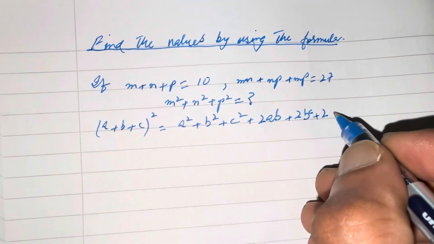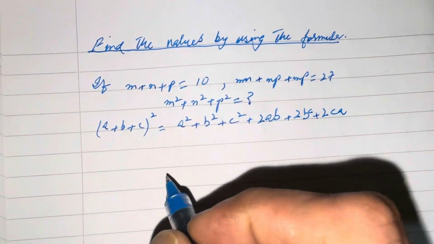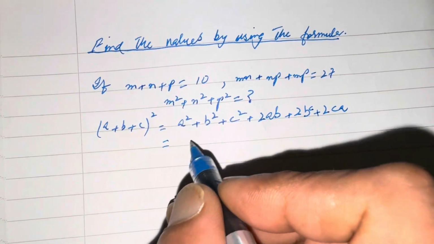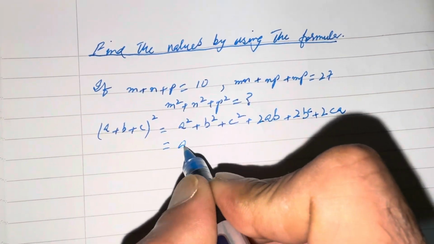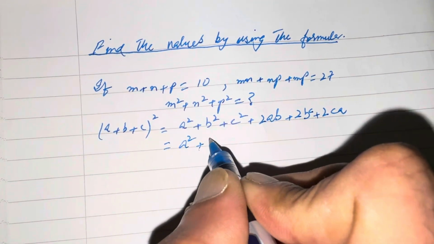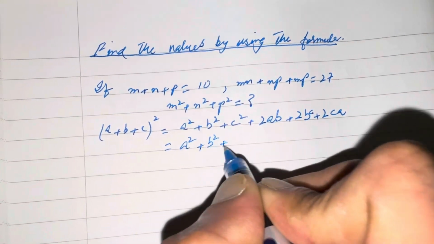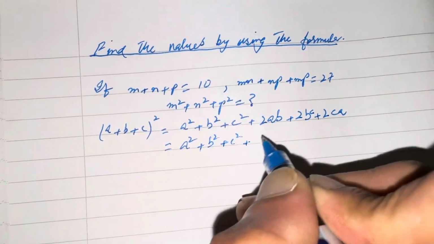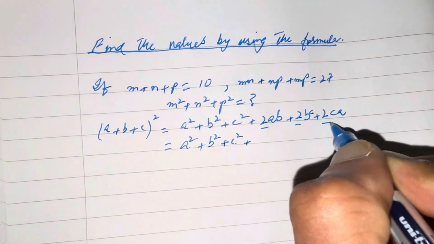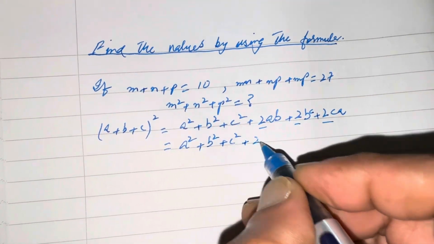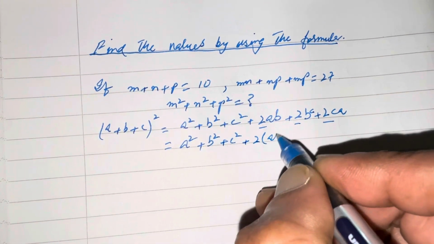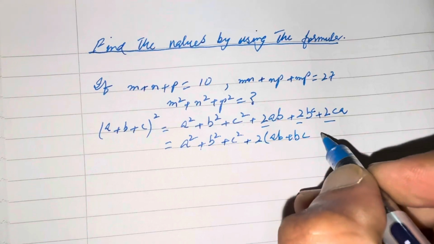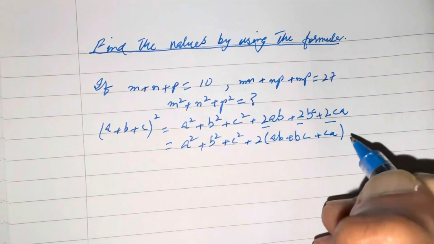third into first, 2ca. So in our next step, if we do a little bit of simplification by taking the 2 common from these terms, that can be written as 2 into ab plus bc plus ca.